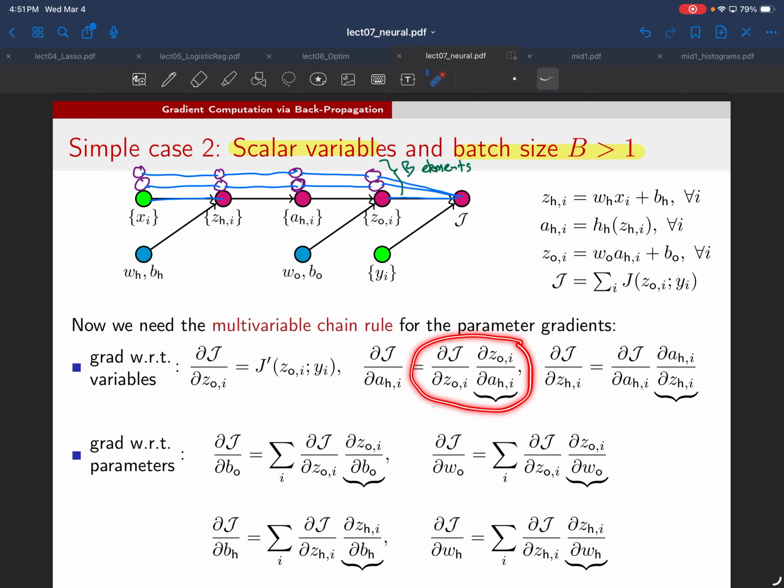It actually looks exactly like on the previous page, except that now there's a batch index on all the quantities. So when we look at dZ_o^i/da_h^i, the derivative is just W_o. Okay, is that making sense?